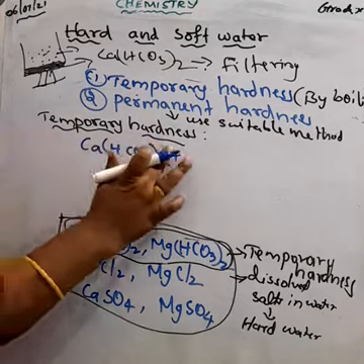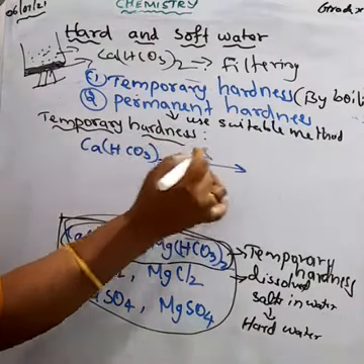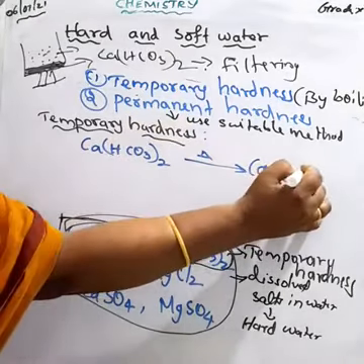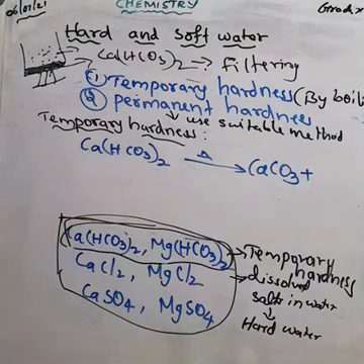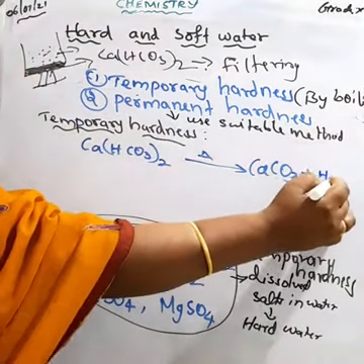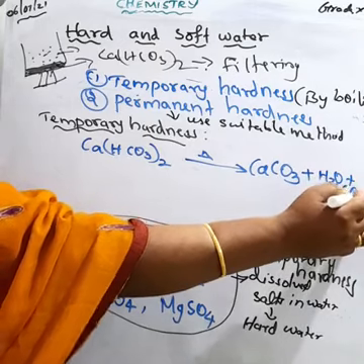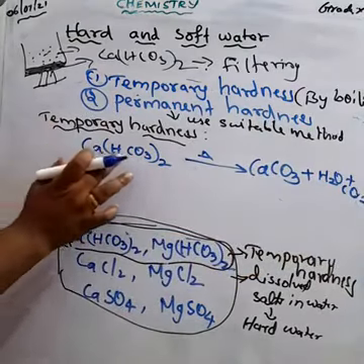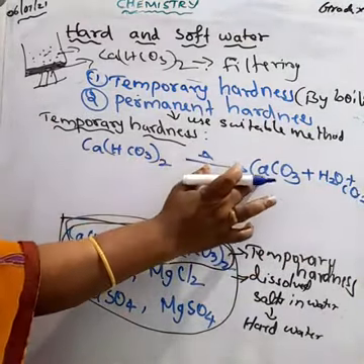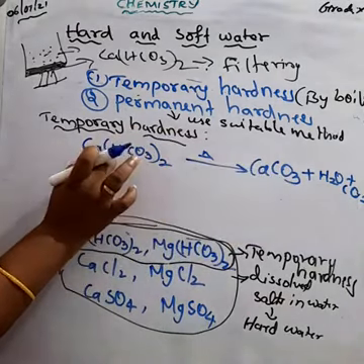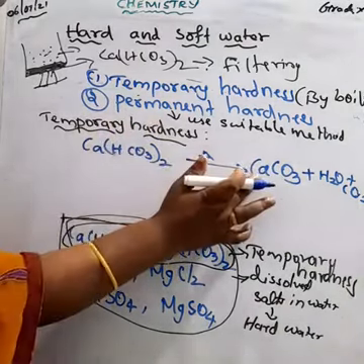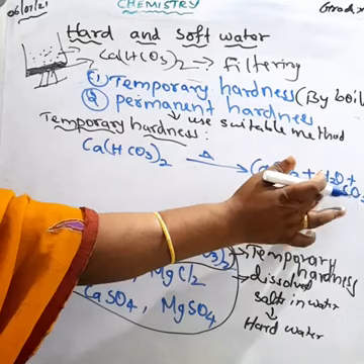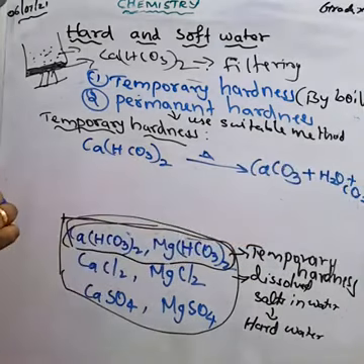When we are boiling, it decomposes to form calcium carbonate, CaCO3, plus water, H2O, plus carbon dioxide. So if calcium bicarbonate is present in hard water, when we boil the water it decomposes. The calcium bicarbonate, Ca(HCO3)2, decomposes to form calcium carbonate, CaCO3, plus water, H2O, plus carbon dioxide, CO2. Understood?